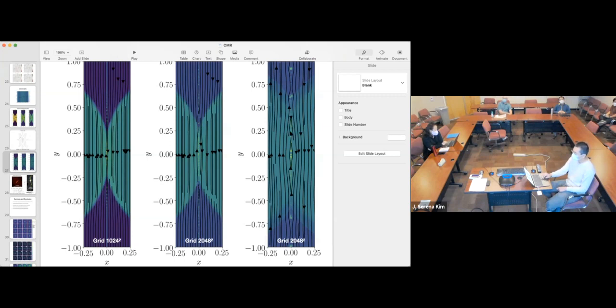You can click on my paper later. You will see how they look if you have high resolution simulation. Yeah, sure. So we can definitely talk further. I would like to discuss more about this.